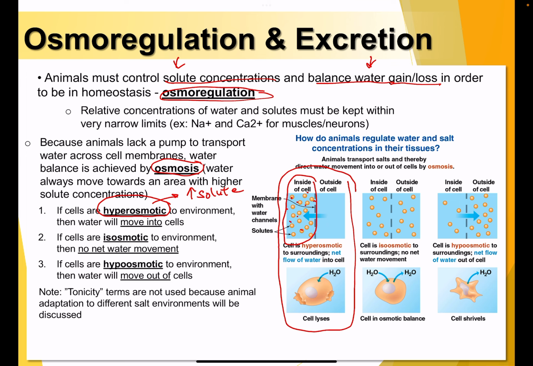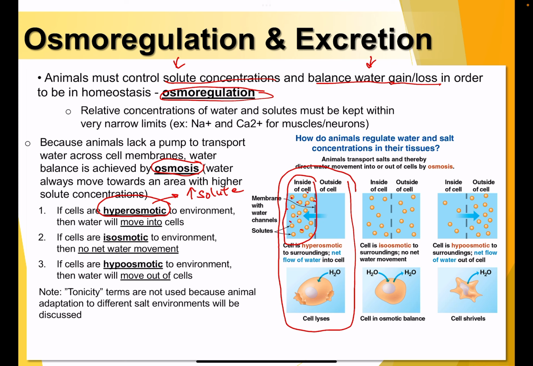And if there's a huge osmolarity difference or solute concentration difference, then water will keep rushing in, rushing in, rushing in. If that cell cannot withstand that pressure anymore, that cell can lyse. In this case, we're no longer talking about red blood cells or any other cells.